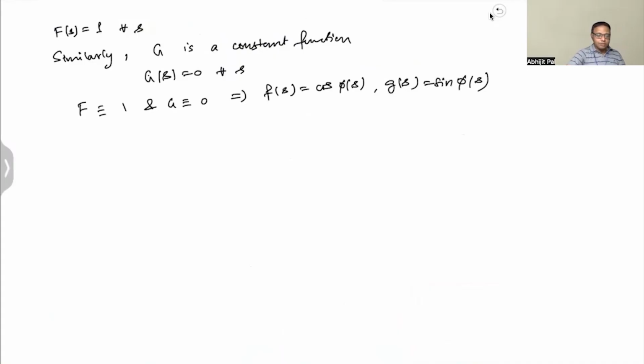Okay. So now we got this function phi, and our next job is to show that this function is unique. So we'll get this function phi to be a unique function.